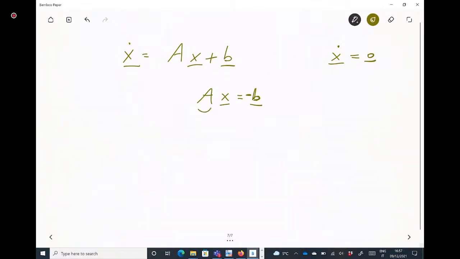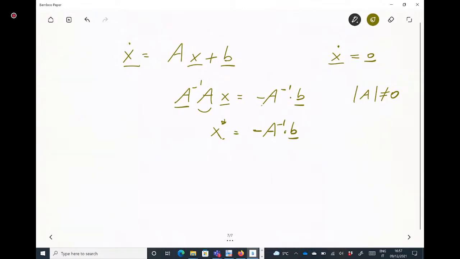Now, assuming that A is invertible, so the determinant of A is different from 0, I can left multiply both sides by its inverse. Here I get minus A minus 1 times b. So x star, the steady state solution, is just minus the inverse of matrix A times b, the vector of the constant terms.